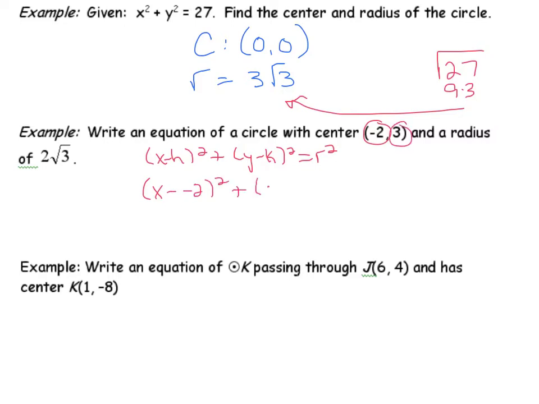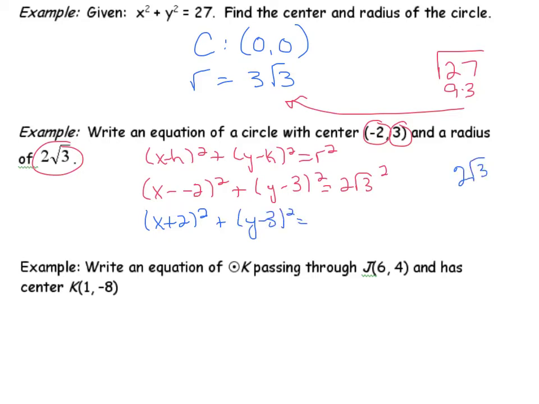This is k, y minus 3 squared, and this is r, 2 square roots of 3 squared. Now all you have to do is simplify it. This is (x + 2)² + (y - 3)² and let's see here, 2 square roots of 3 times 2 square roots of 3 gives me 12.